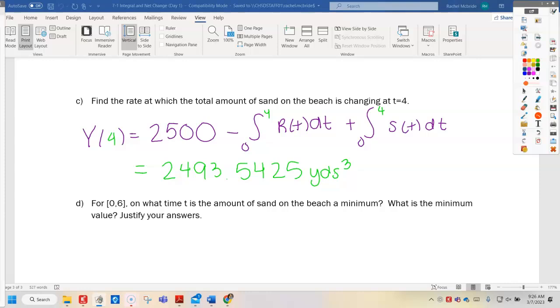So if you wanted to find the rate at which the total amount of sand on the beach is changing, how could I get that unit to have time? Derive. So on your calculators, this would be that FTC problem where you took the derivative of the integral.